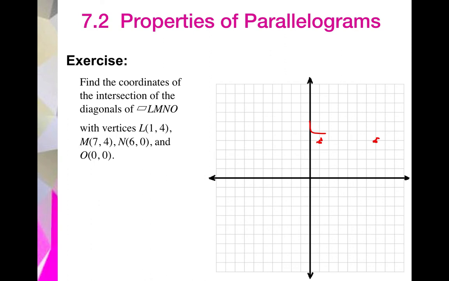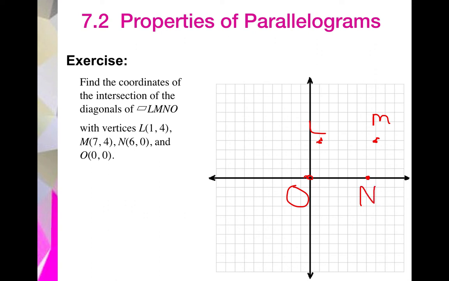And that's M. We have N, which is 6 over, and here, and then O, which is here. So that's O, and this is N.